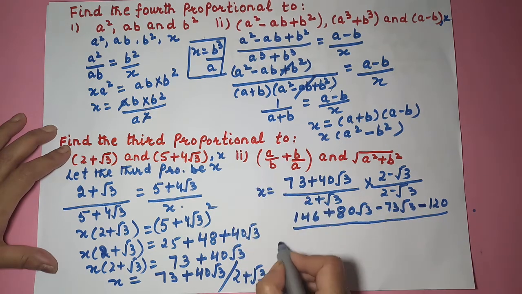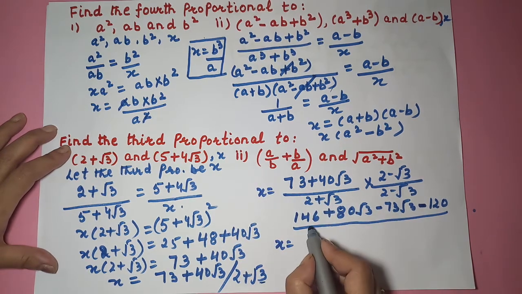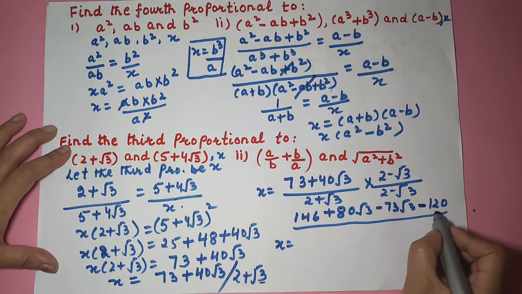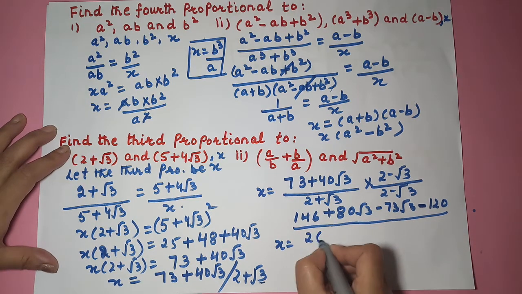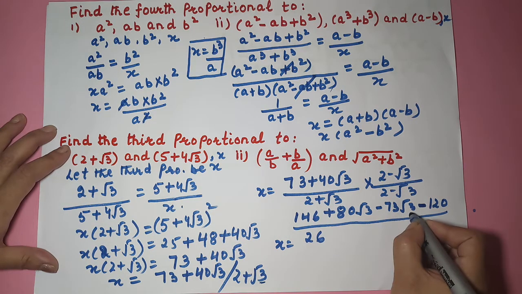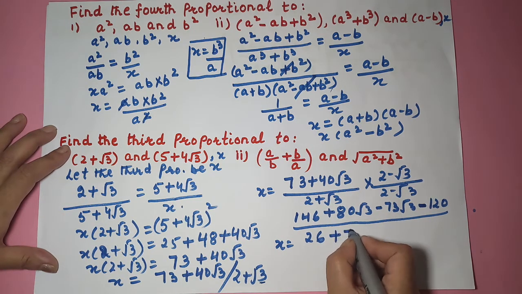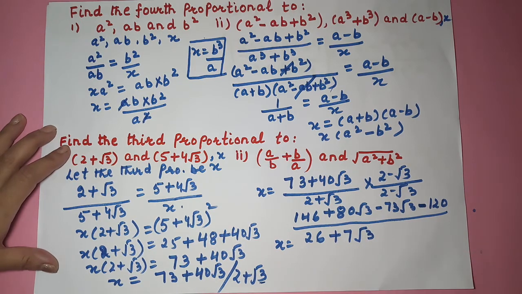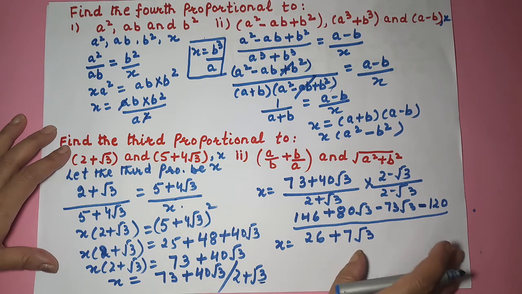Now this is your x. X is equal to 146 minus 120 is 26. 80 root 3 minus 73 root 3 is plus 7 root 3. This is your answer.